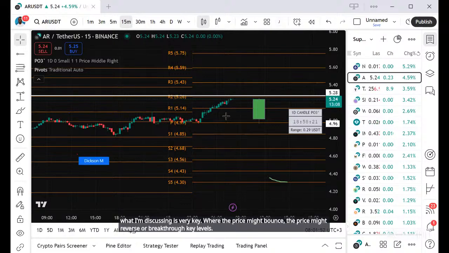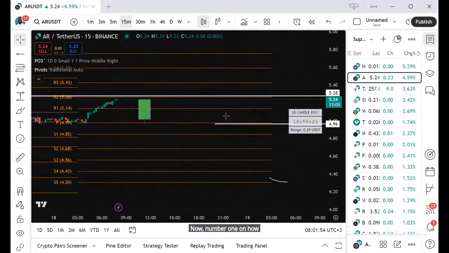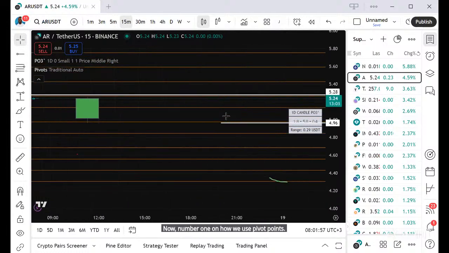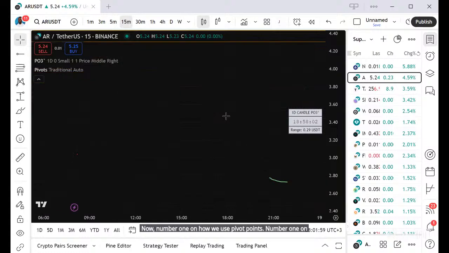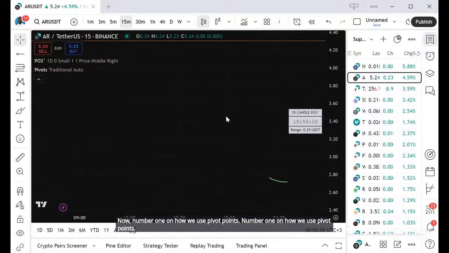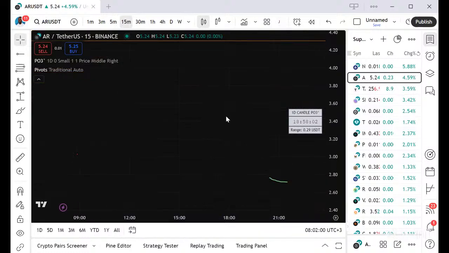Now, number one on how we use pivot points, and this is key: identify market bias.